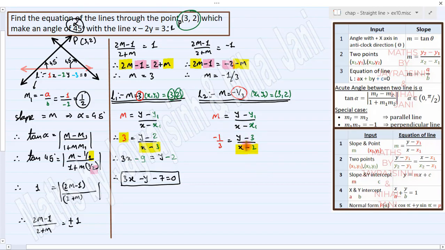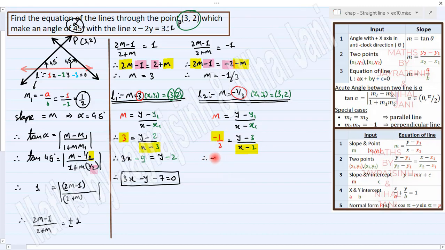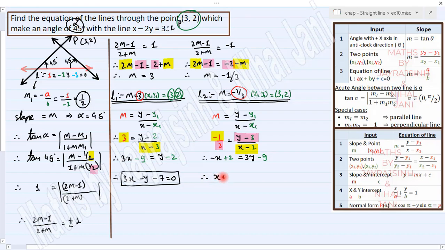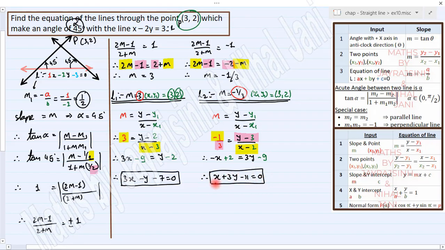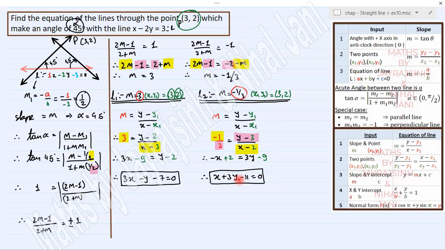Now, just cross multiply: x minus 2 with minus 1 will give us minus x plus 2. And 3 with y minus 3 will give us 3y minus 9. Or we can say x plus 3y minus 11 equal to 0 is your required second equation of line. So, ta-da! This is your final answer.